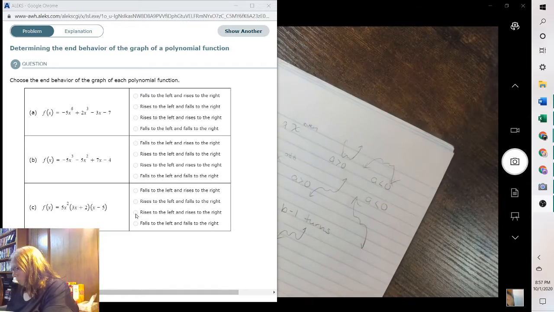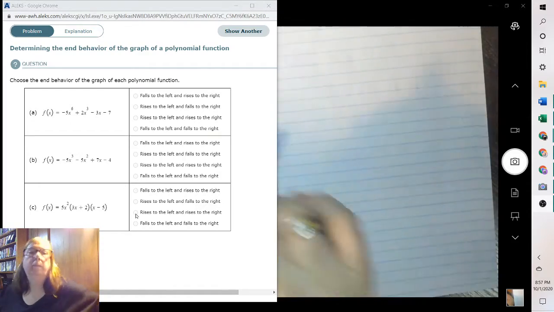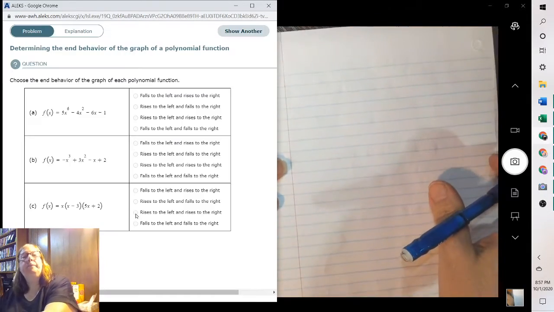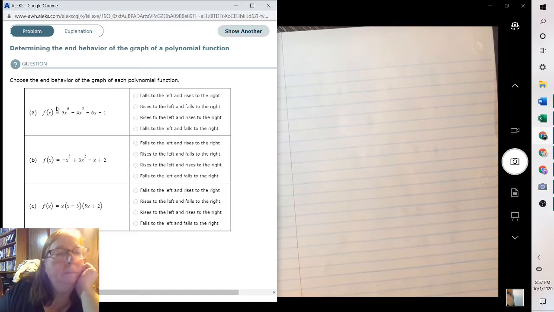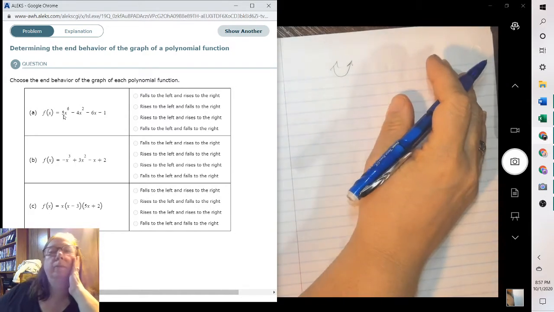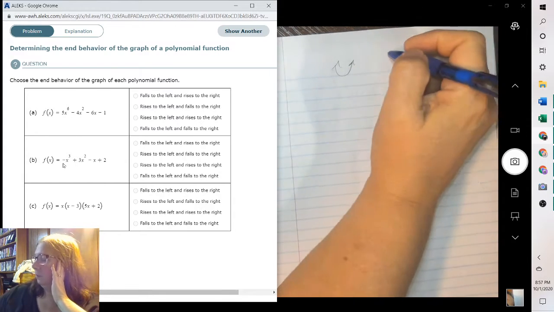Let's try one more. Okay, so this is even, means it's a parabola. This is positive, so it's going up. So it rises on both sides. This one is the snake. It's negative, so it's going down.